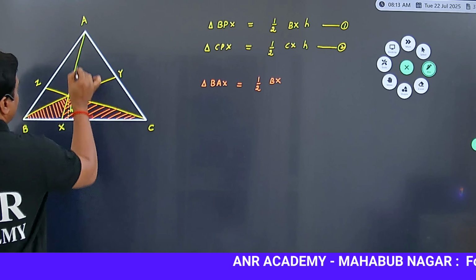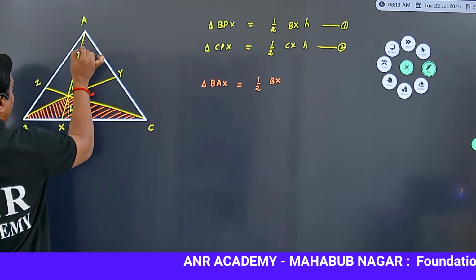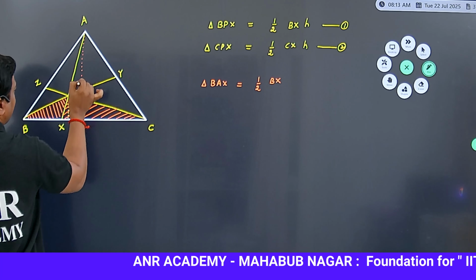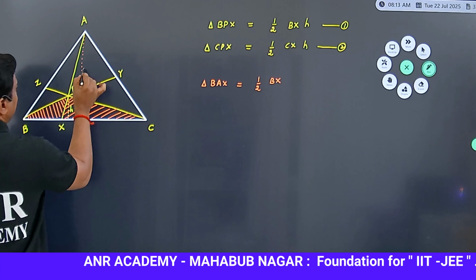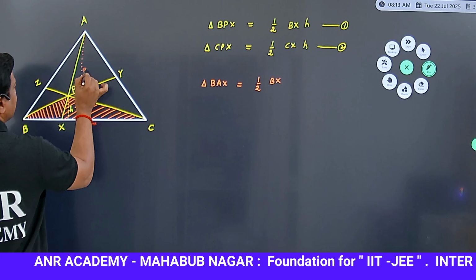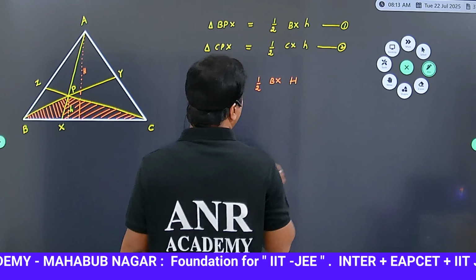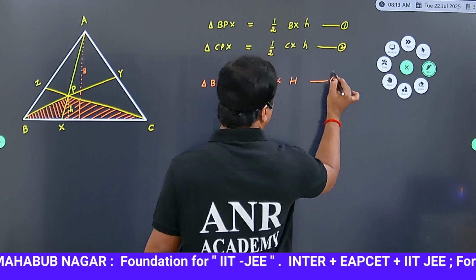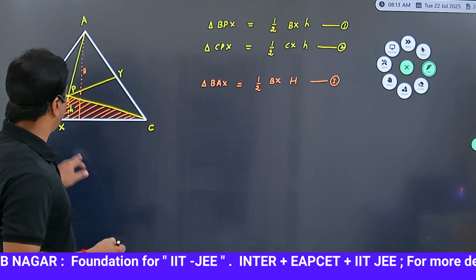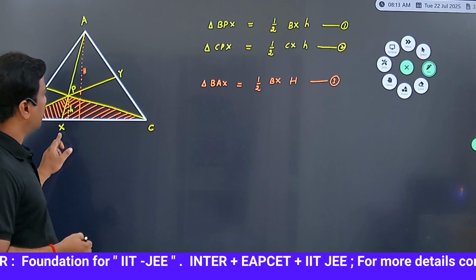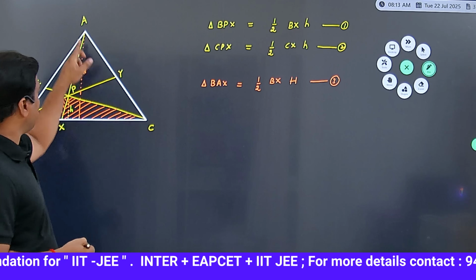Suppose the height of the triangle, here I am going to mention the height, suppose this is some capital H. Assume this is the third result. Next I am going to write delta CAX.